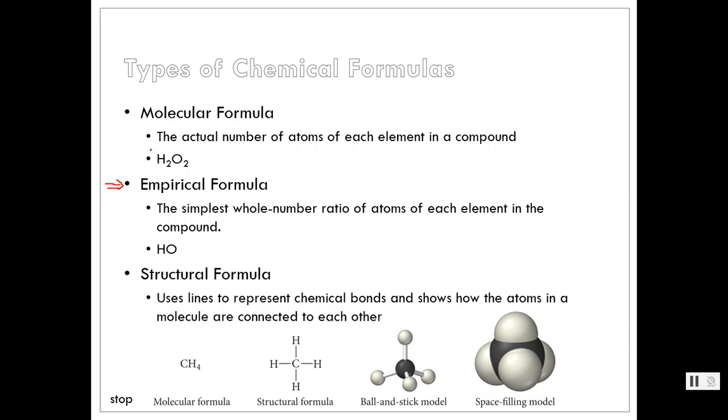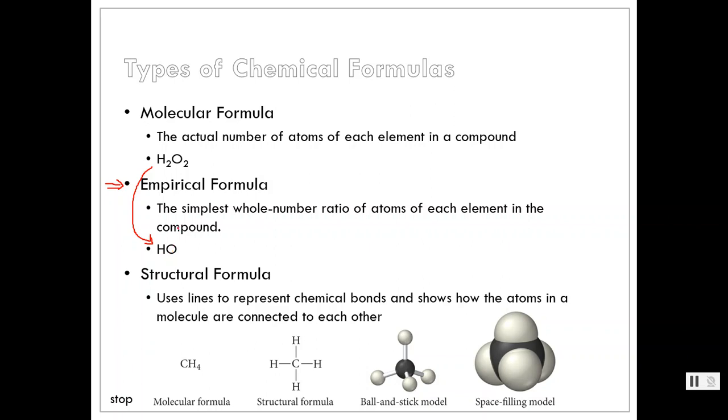In the case of hydrogen peroxide, H2O2, you could easily divide both of those subscripts by 2 to give you the empirical formula, which is just HO.